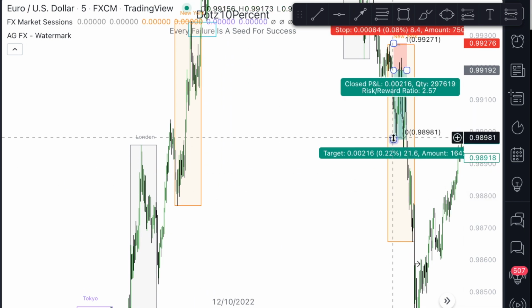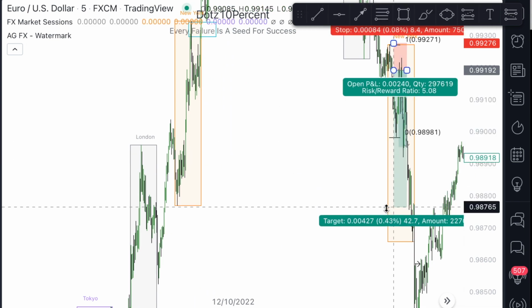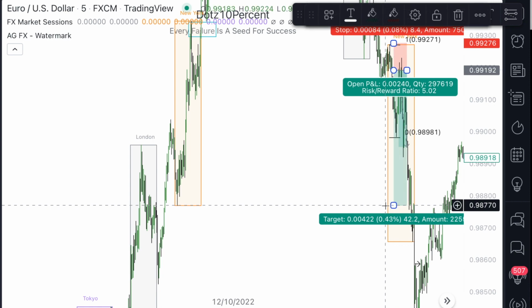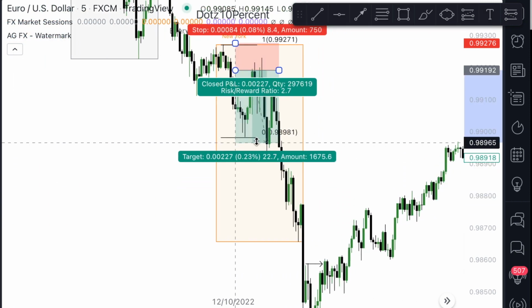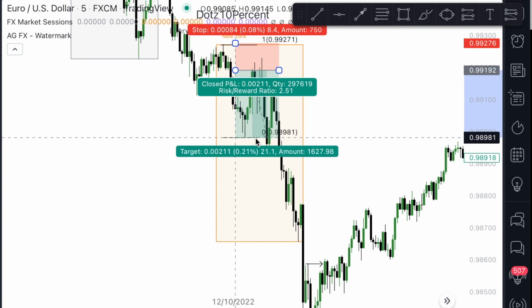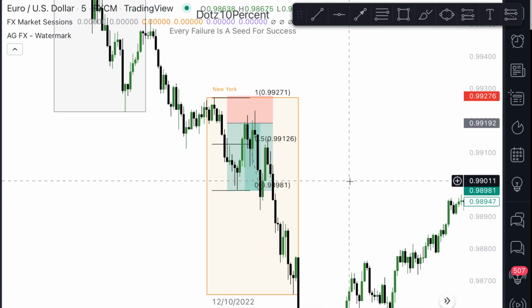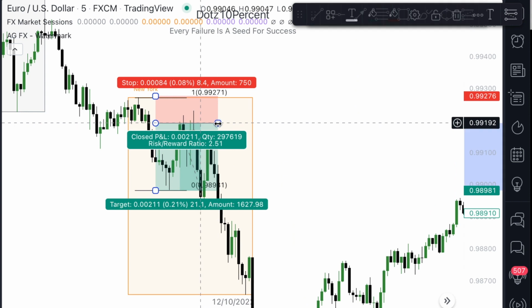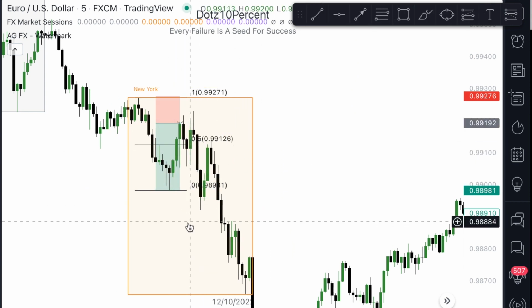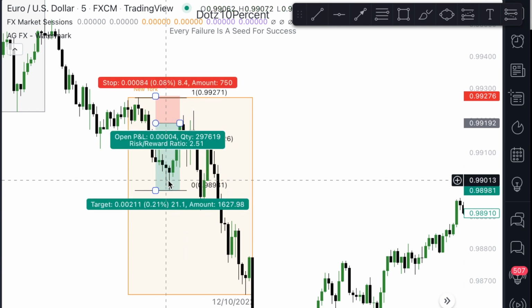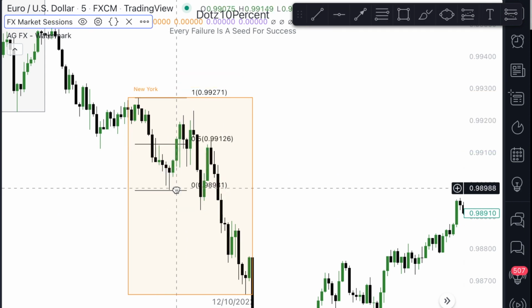For example, this low. You could set your take profit to this low. Now that's 5R, but let's be conservative. Let's just try and get what we can. So let's stick to 2.5R. So cool, 2.5R goes to our take profit. Quite nice and easy. Simple trade.